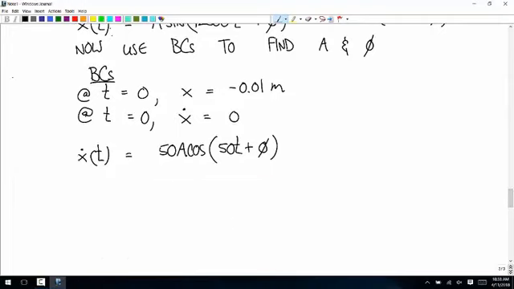And so when time is equal to 0, we have 50a times the cosine of phi is equal to 0. So that's our first equation.